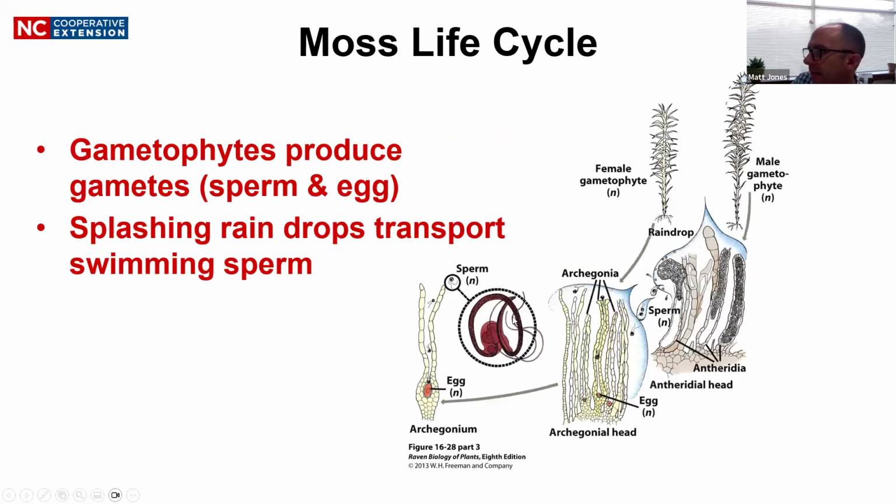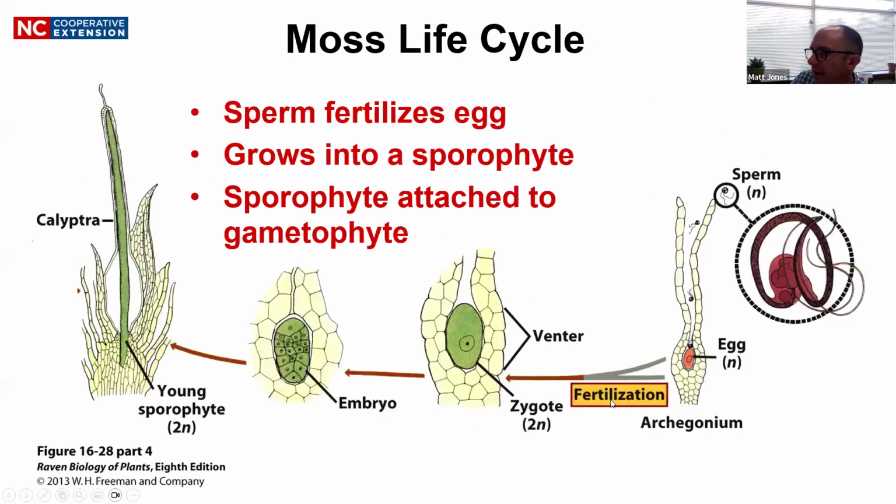With splashing rain, here for example are the antheridia, which release sperm. Splashing rain will cause the sperm to move in these splashing water droplets. They'll land near or on archegonia, which contain eggs. The sperm then swim down the archegonia to fertilize the egg contained inside, and then that egg will divide.